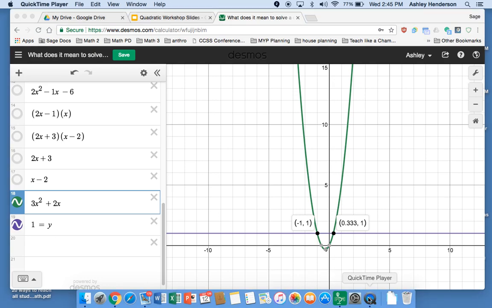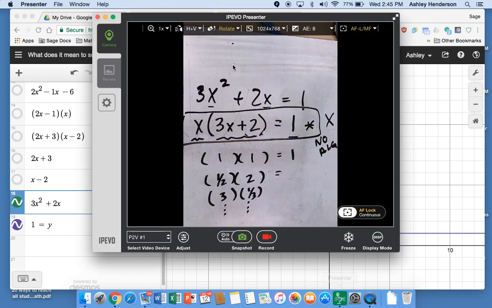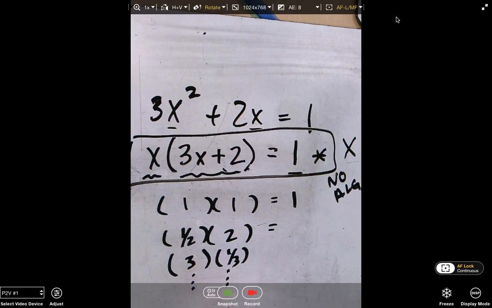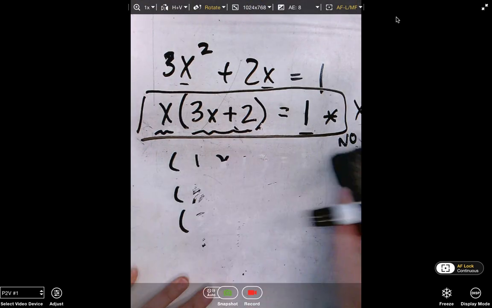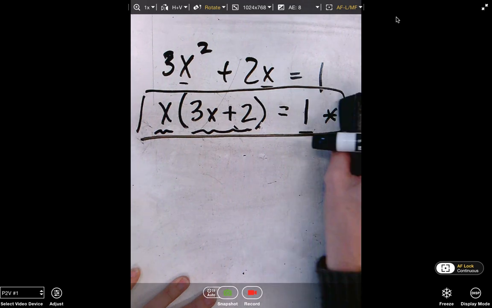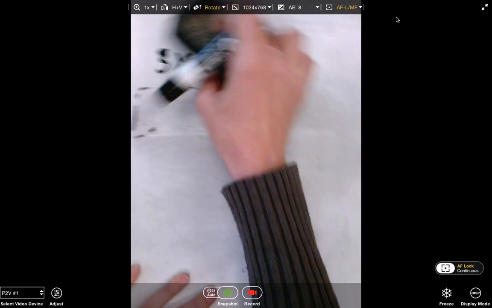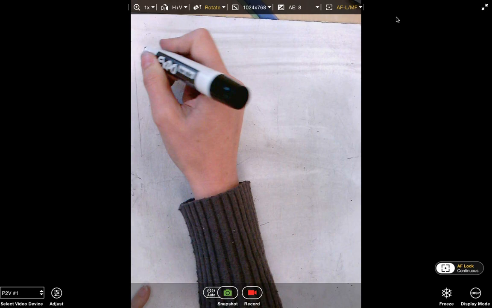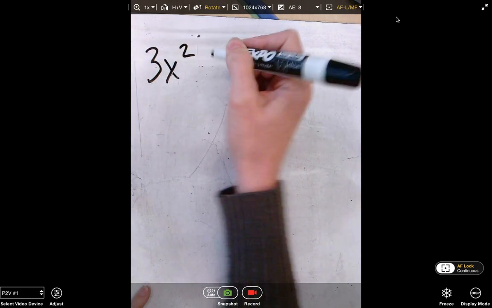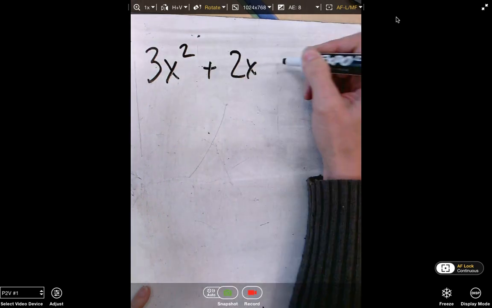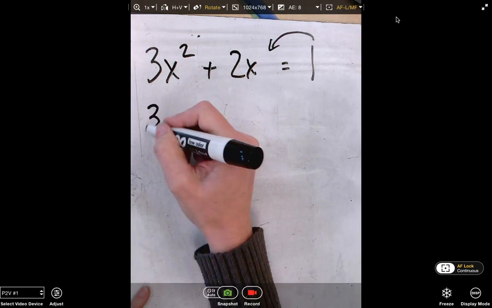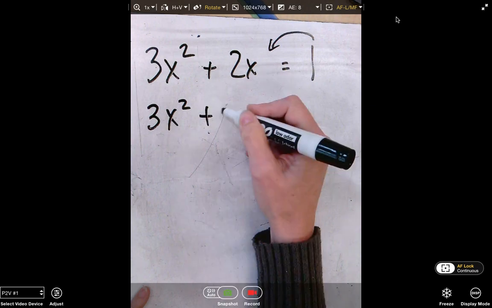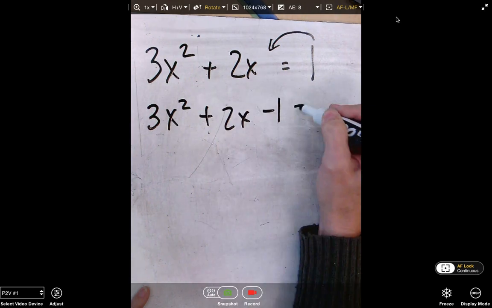So instead, what we do is we say, well, this is no bueno. So we're going to back up, all the way up, to our original equation, which was 3x squared plus 2x equals 1. And instead, we're going to move this over here, equals 0.